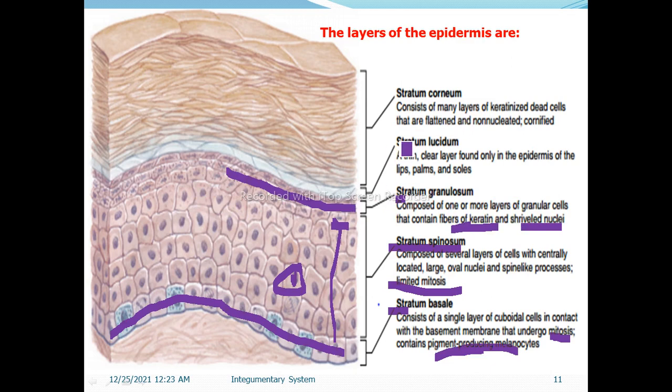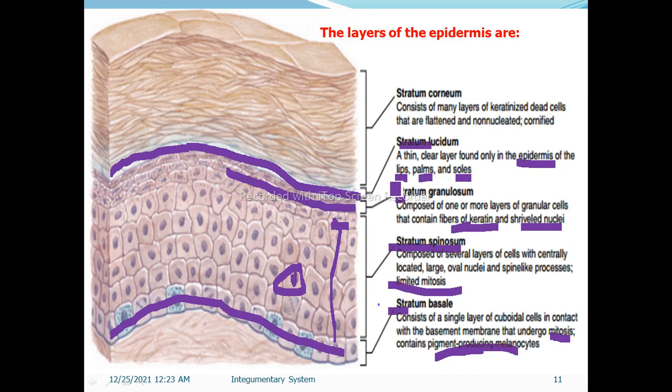The fourth layer is stratum lucidum, a thin clear layer found only in the epidermis of the lips, palms and soles. Please be careful: this layer is found only in the epidermis of the lips, palms and soles.